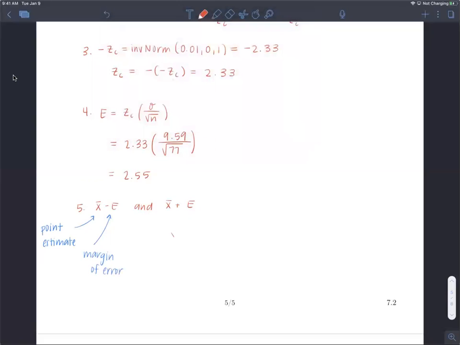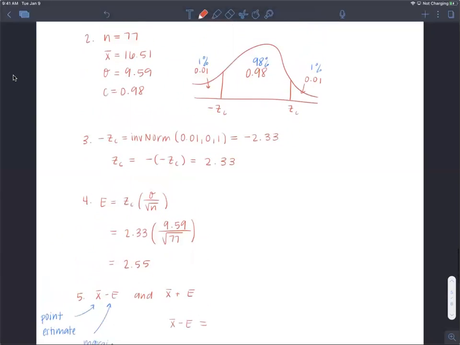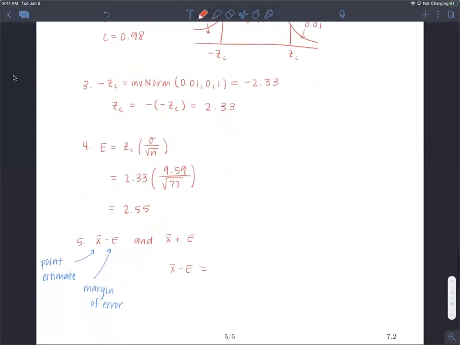So if we start to find them, X bar minus E, that's going to equal, what's X bar again? 16.51, and then minus E, which is 2.55. And so here, X bar minus E is equal to, what's that equal to?